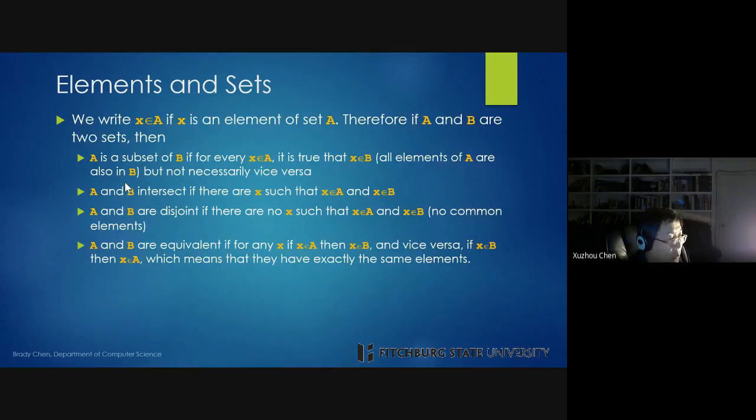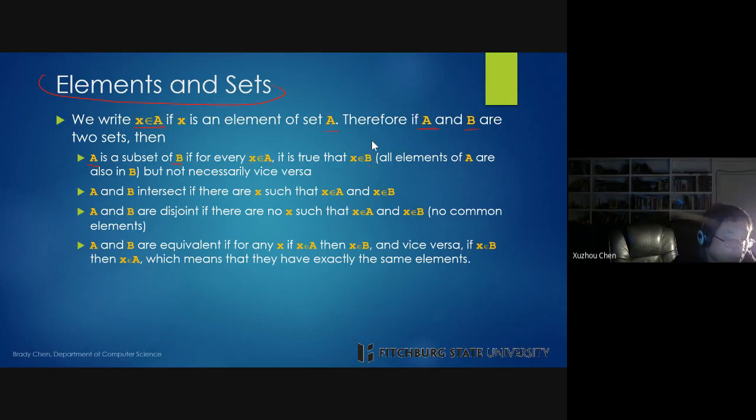So now let's focus on the elements and the sets, and find the relationship among them. We know that we can write x belongs to X if x is an element of set X. x belongs to A. So if A and B are two sets, and A is a subset of B, then we can say that for every element x which belongs to A, it is true that x also belongs to B, right?